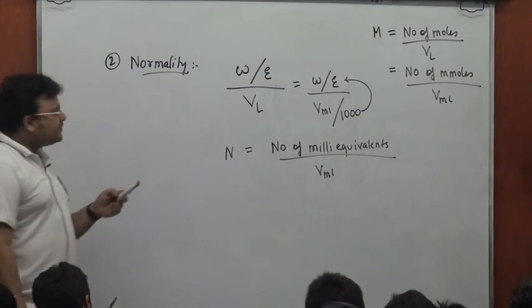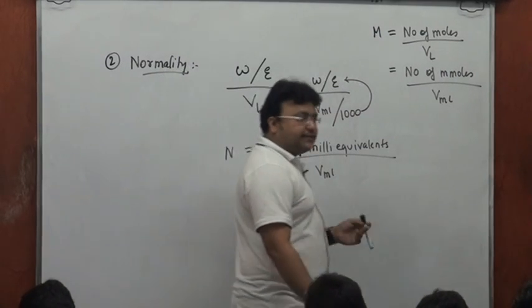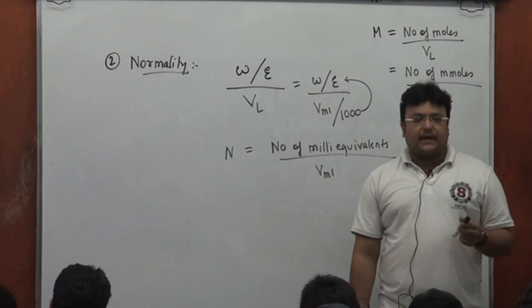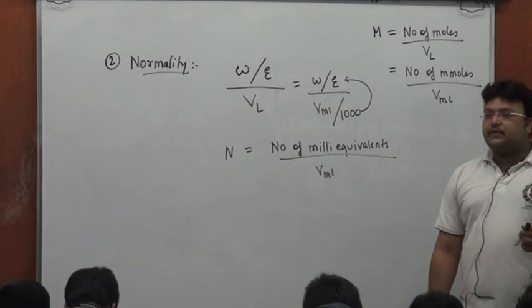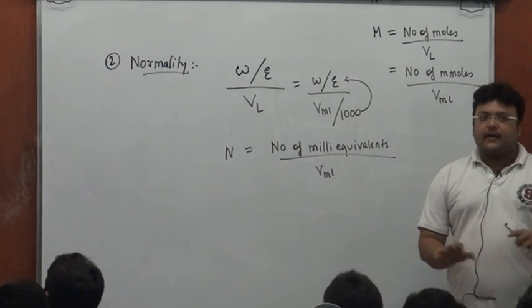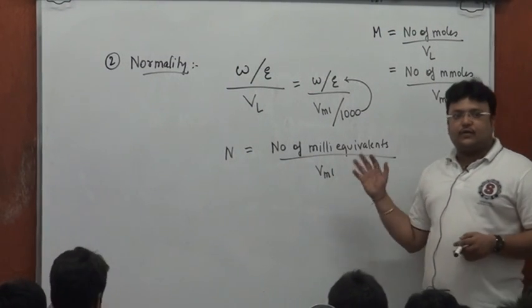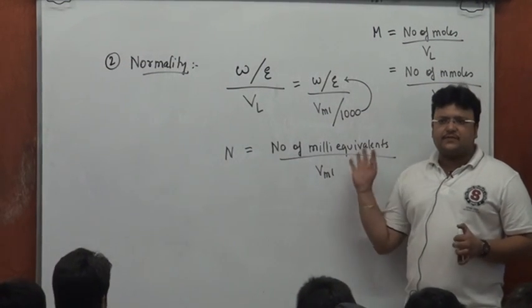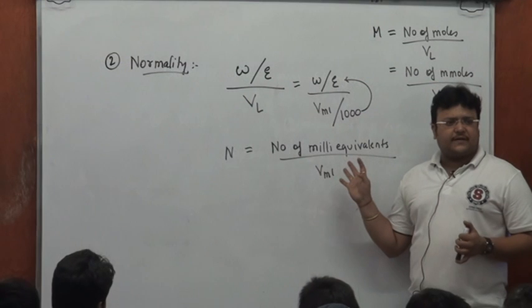Normality will be defined as number of equivalents per liter of the solution, but will be applied as number of milli equivalents per ml of the solution. All right. And yet again your comfort level is going to grow with a few applications, but so far you're supposed to buy all of it.